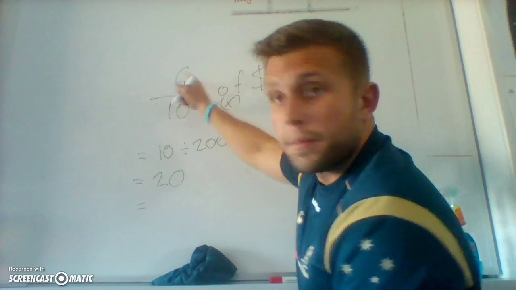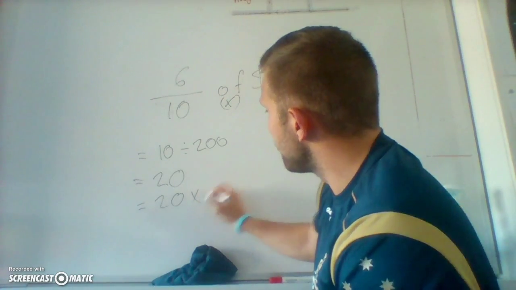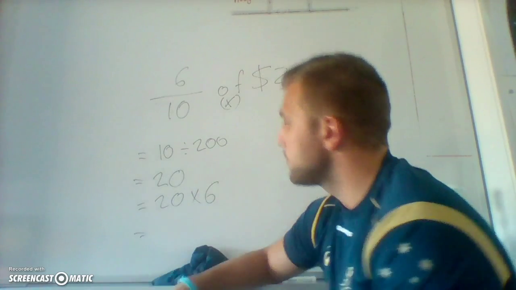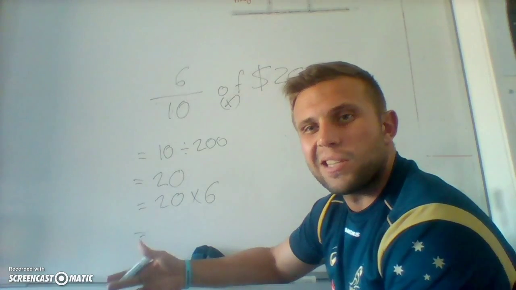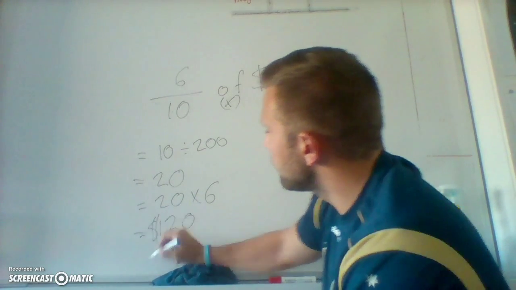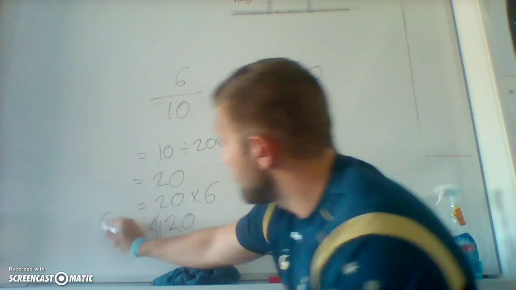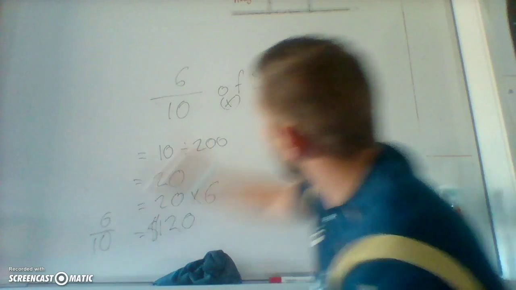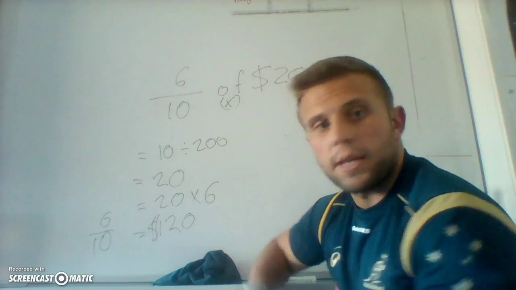Then I've got to times my numerator. 20 times 6 equals, well, let's just drop the 0 for now. 2 times 6 is 12. Add on the 0. $120. Therefore 6/10 of $200 is $120.